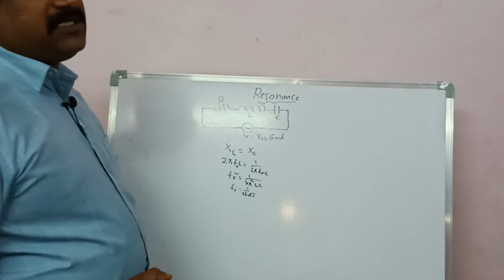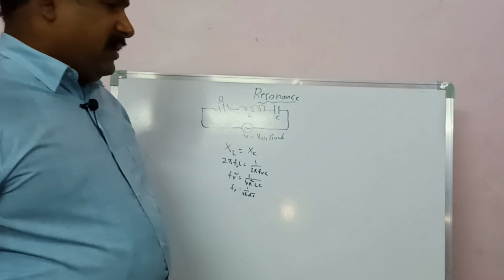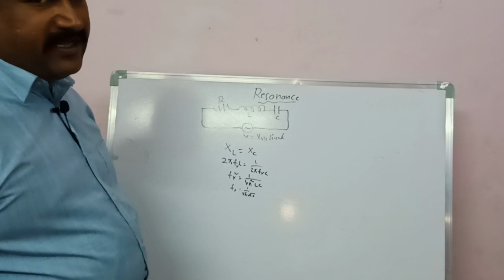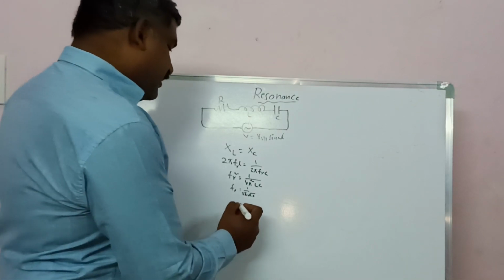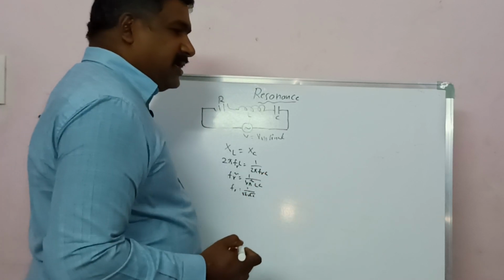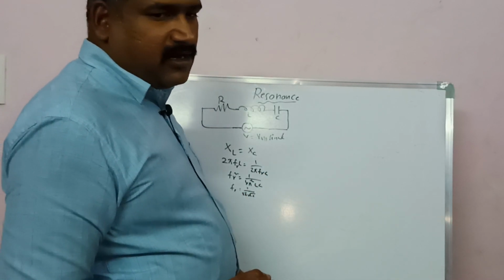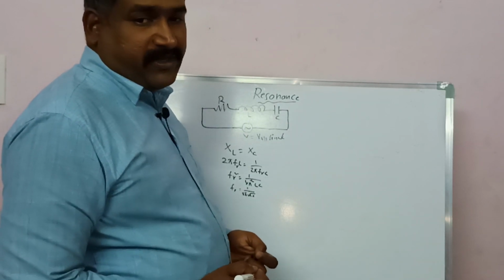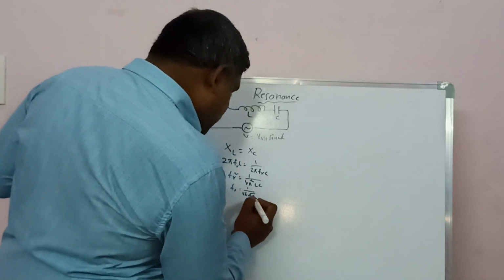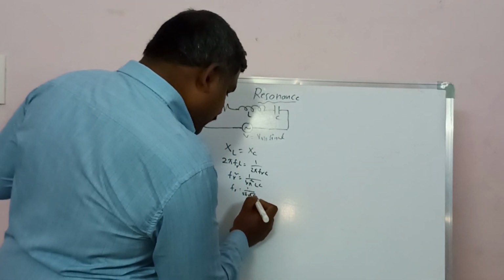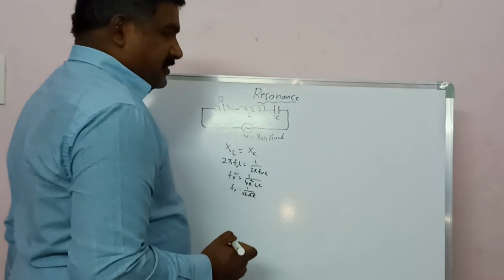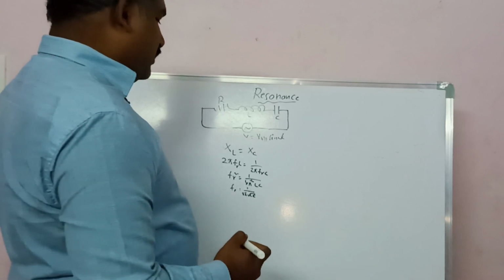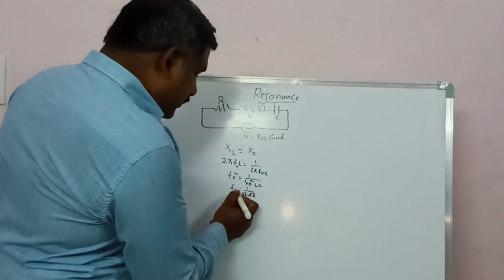So when I want to establish resonance, I need to vary the frequency, or else the other way to obtain resonance is by varying the value of L or the value of C. One has to note that if the LC product remains constant even after the variation of L and C, the resonant frequency cannot be varied.